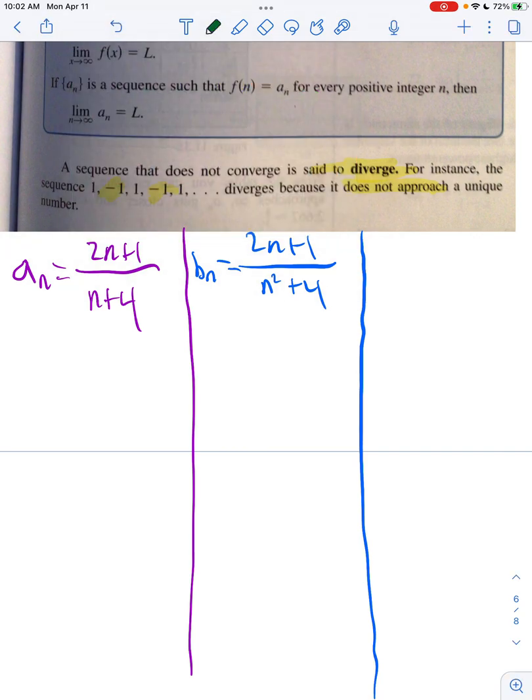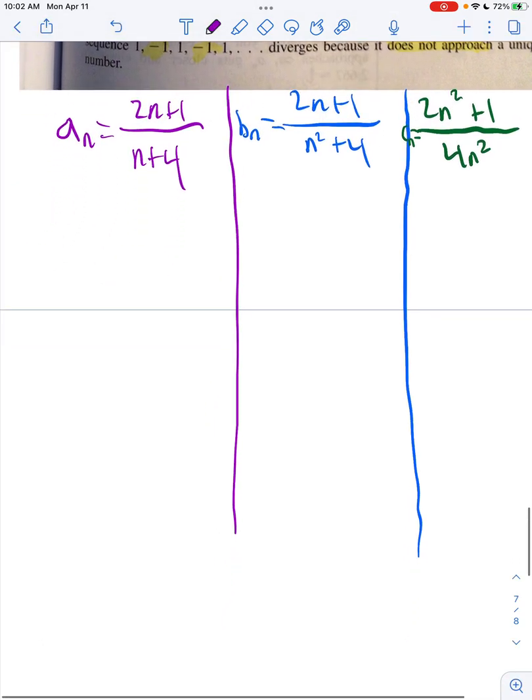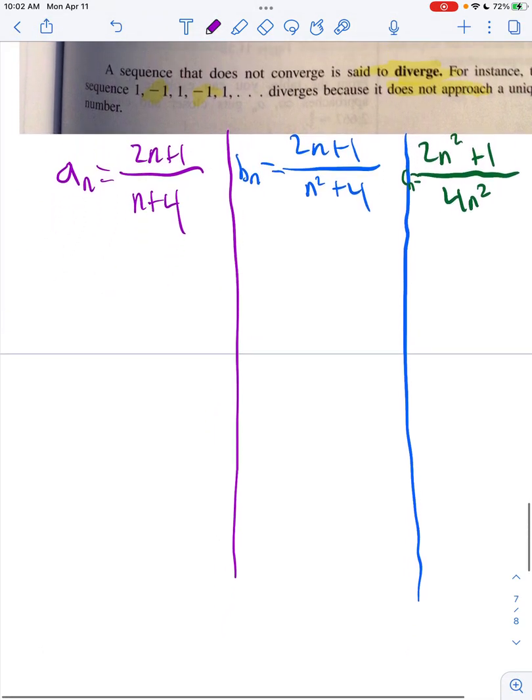And in this third example, c sub n, we're going to have 2n squared plus 1 on the top over 4n squared on the bottom.